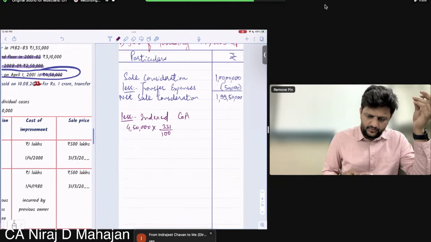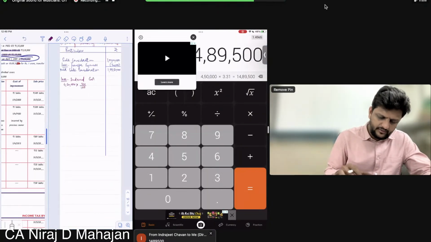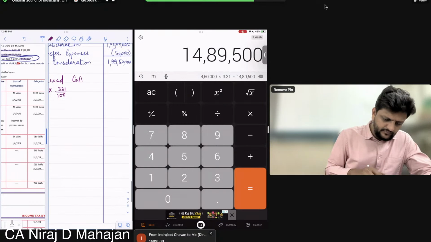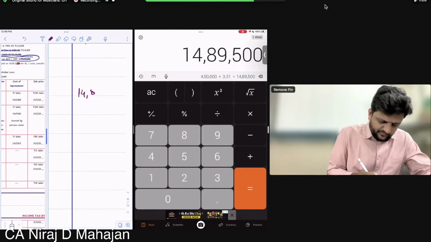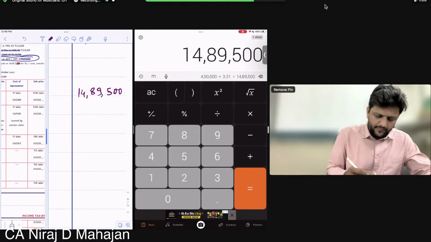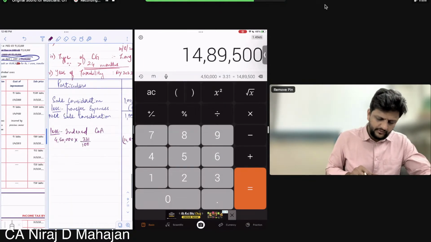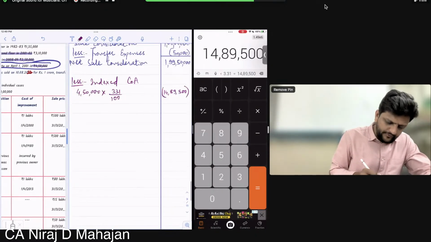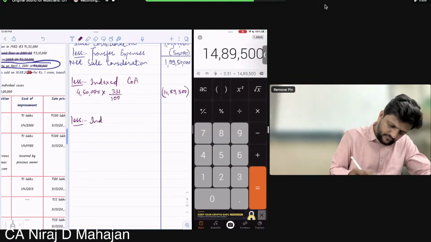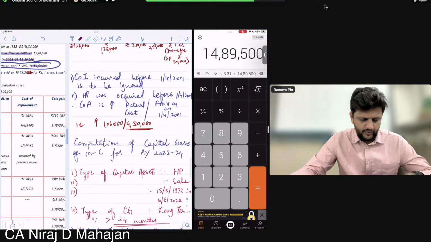So 4,50,000 into 3.31. 14,89,500 बराबर है? इसमें मुझे इंडेक्स कॉस्ट ऑफ एक्विजिशन है ना? Then what do I have? Ready everybody? Then index cost of improvement, which one? Before 1-4-2001 we completely ignore. Look in your timeline, which one?